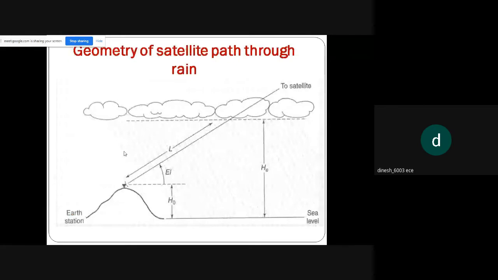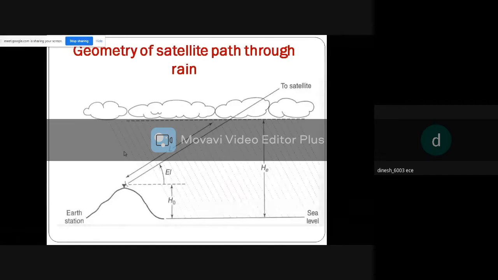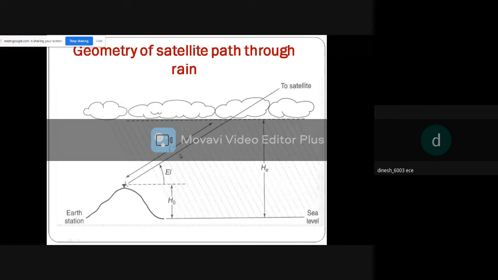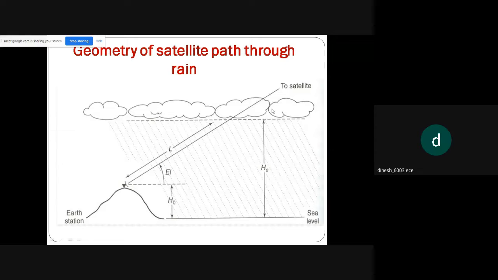So you can see the geometry of the satellite path passing through the rain. We have a sea level, you can see at the bottom a sea. From that level, we have an Earth station. The Earth station is focused towards the satellite in space at an elevation angle. The distance between the Earth station and the satellite is taken as L, and suddenly rain comes.